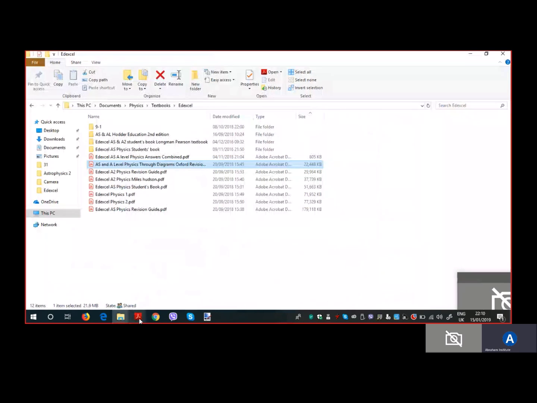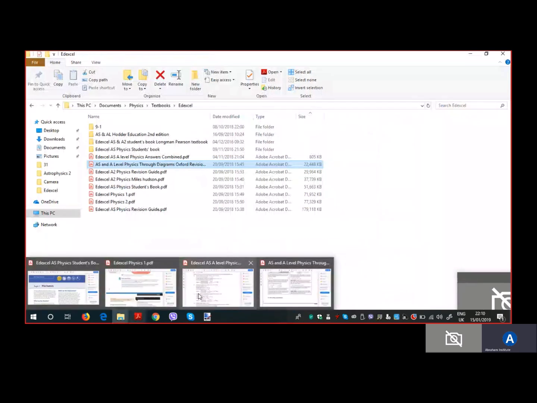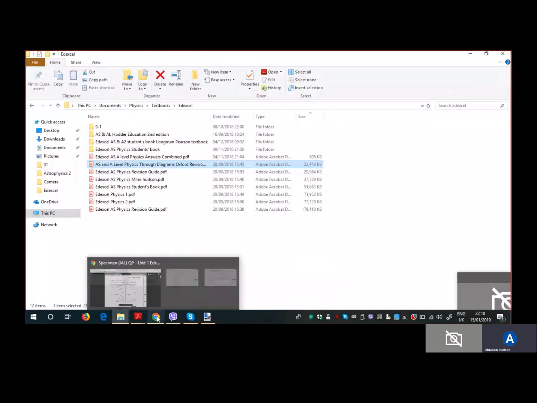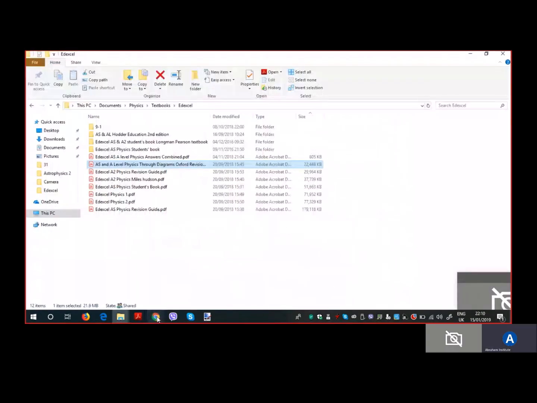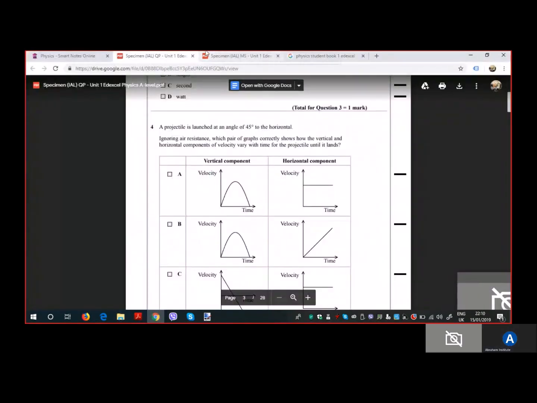That's how I came across this website. I found it myself. Try to search for that other book, sir. The more books you have, the better, because that way you can also self-study. Like I said, one topic, if you can't understand, you can refer to more than one book. Same topic, you can have better understanding.